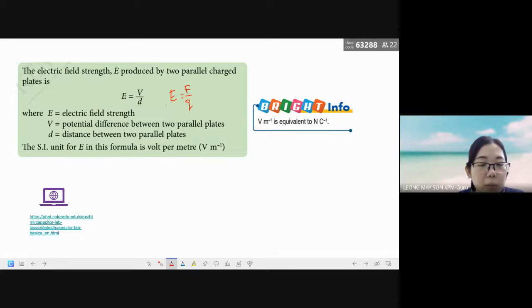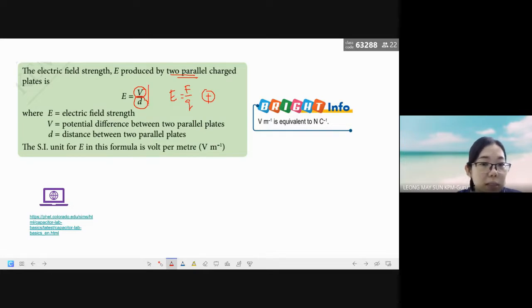This one is if we are talking about a positive and negative charge itself, of an atom. But if it's two parallel plates, we use the formula where the electric field is the potential difference between the two parallel plates, normally the potential difference of the power supply, over the distance between the two parallel plates.